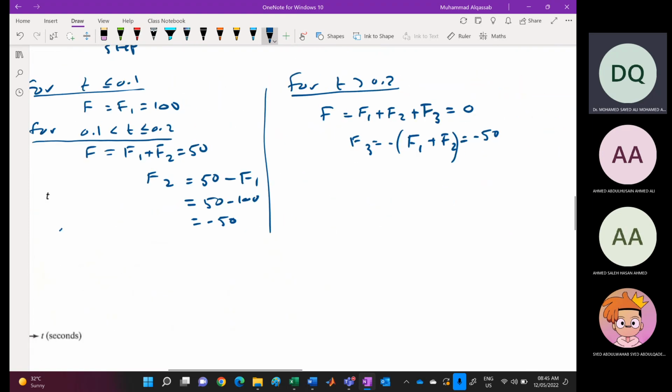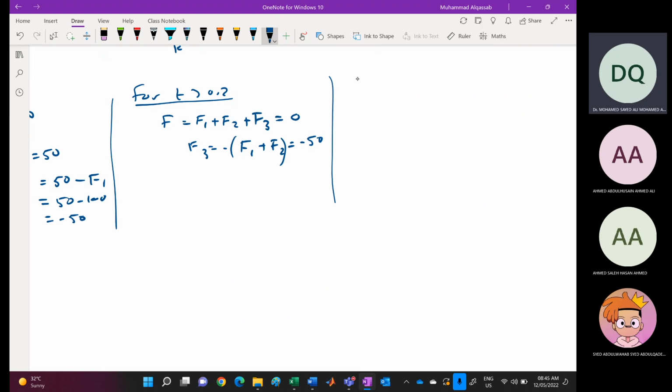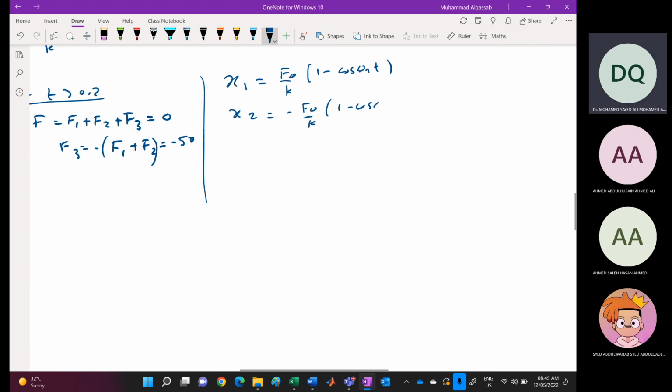All the equations are similar. So you have x1 equal to f naught over k times 1 minus cosine omega n t. And x2 will be minus f naught over k times 1 minus cosine omega n times t minus 0.1, and x3 equal to minus f naught over k times 1 minus cosine omega n times t minus 0.2.